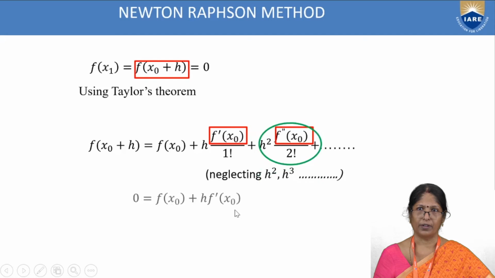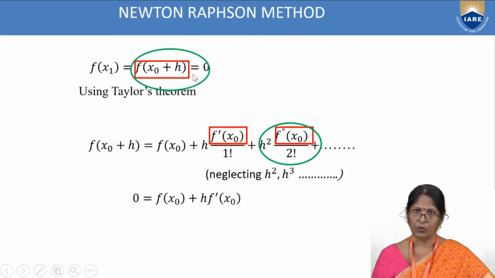So it is circled. If you are seeing this green color, that is circled, the animation from this part onwards, we are going to neglect. And here, the left hand side of the formula is f of x naught plus h. Now our left hand side, so here you can see it, f of x naught plus h equal to 0.